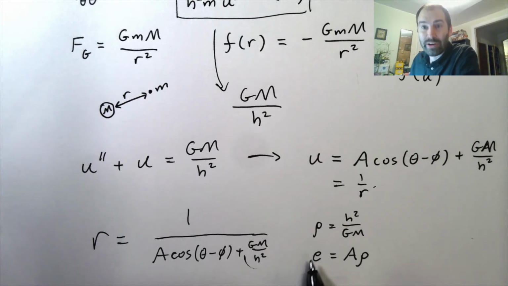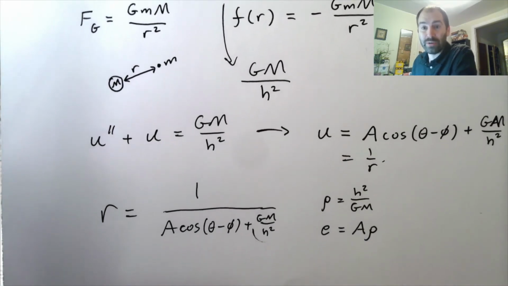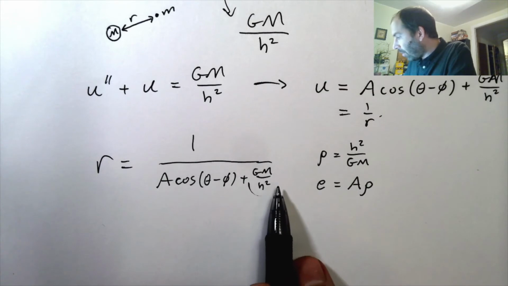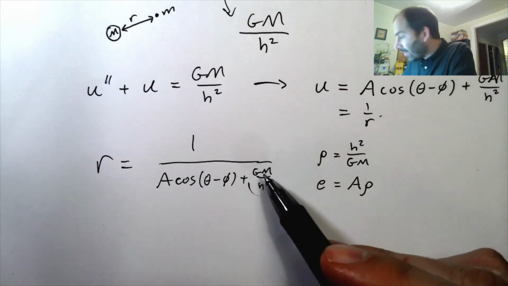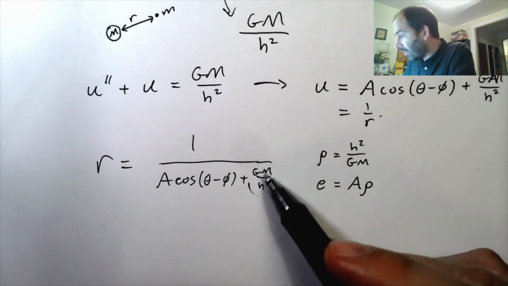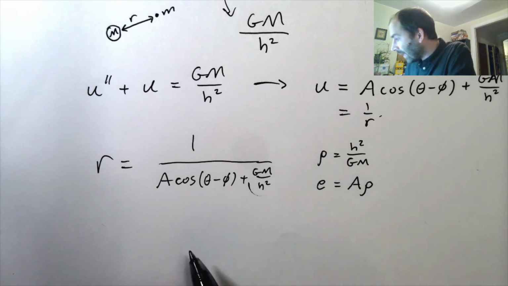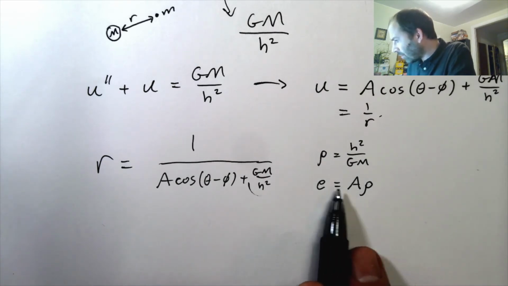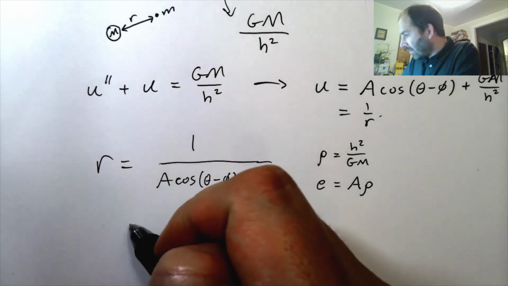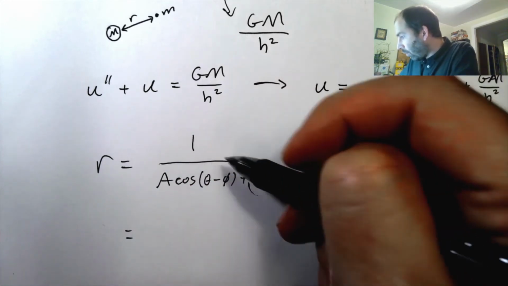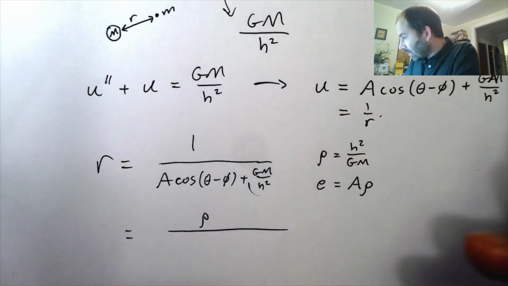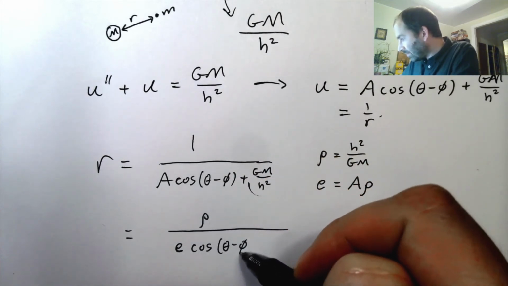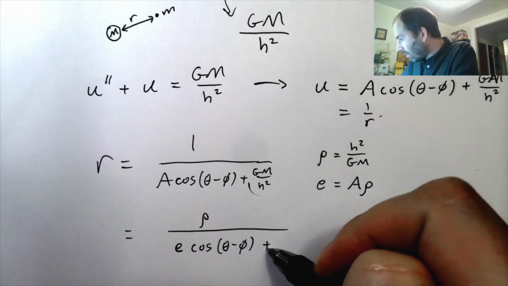This is just a letter e. This is a variable that equals this. So don't confuse that. And so I'm going to multiply the numerator and denominator by rho. That's going to cancel this out and make a 1 here. And because a times rho is e, this is just going to become an e. And then a rho will hit the numerator as well. So this will just become e cosine theta minus phi plus 1.